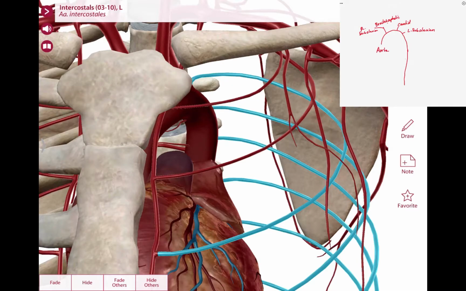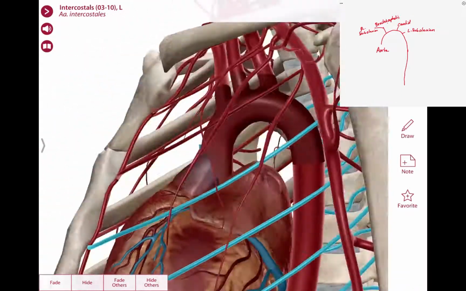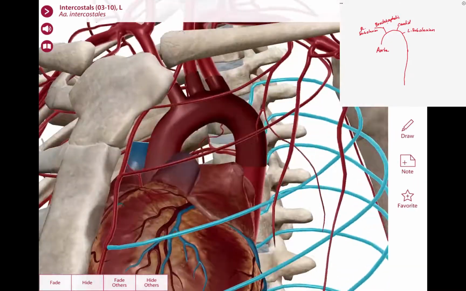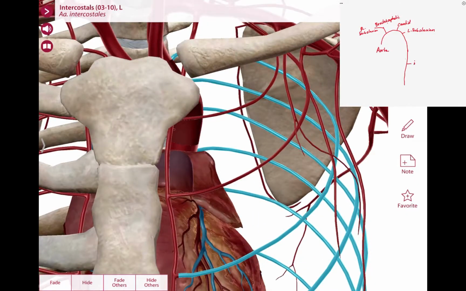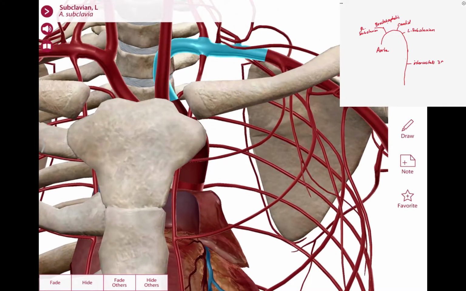And these intercostal arteries, you'll notice that the lower intercostals come off of the thoracic aorta. The upper intercostal arteries actually come off of the subclavian, or the axillary branch of the subclavian. We don't need to get that fancy, but they come off of the subclavian.